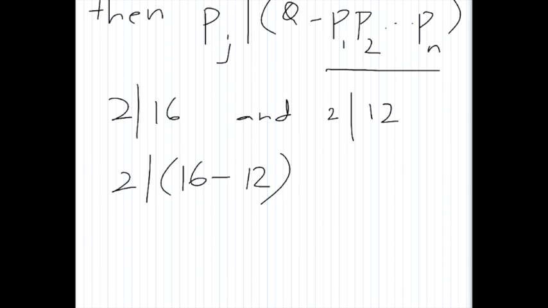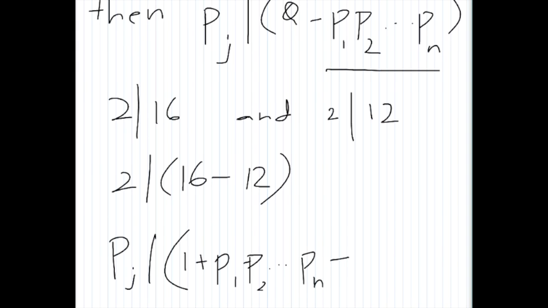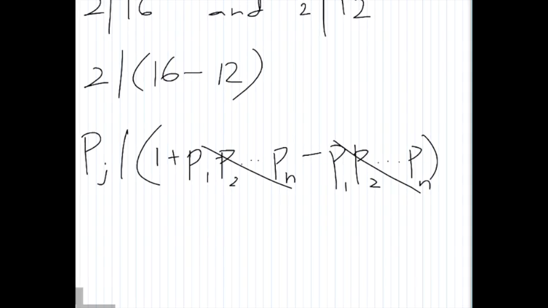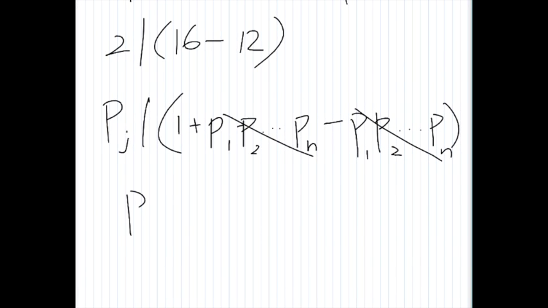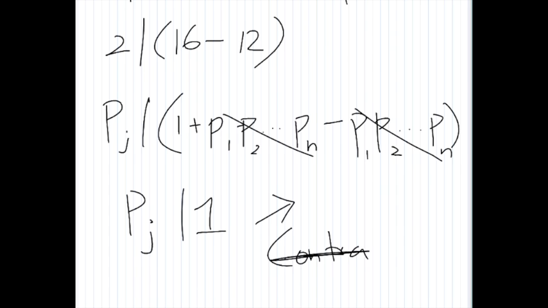What is q? q is 1 plus the product. And then I copy the product again. So this product will cancel out with this product. Then we will be left with pj divides 1, which is a contradiction, which cannot be true.